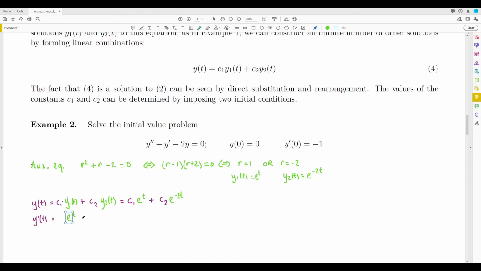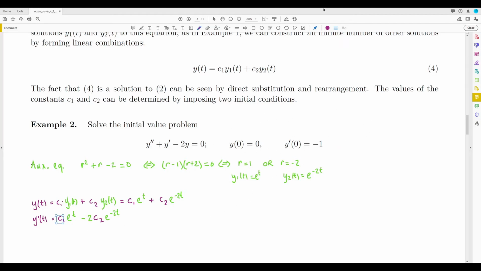And so we get negative 2 times c2 e to the power negative 2t. So that's the derivative.